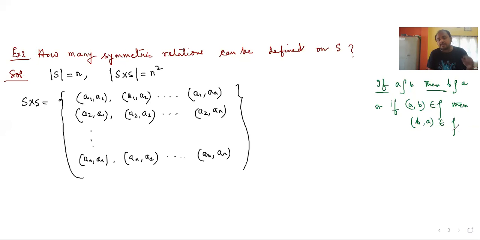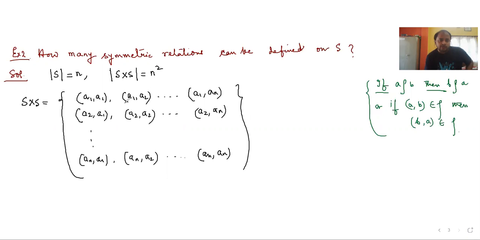If you design a relation where this property is satisfied for all A, B in the set capital A, then you can say that I have considered all such cases and my relation becomes symmetric. But if it is not satisfied, the relation is not symmetric.